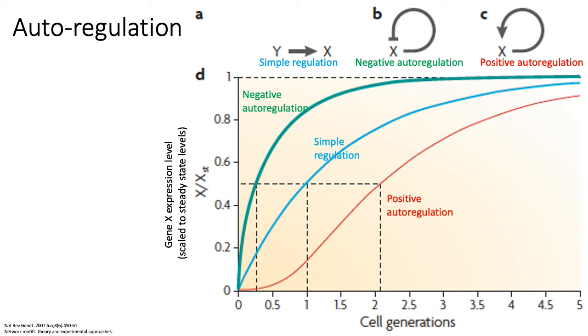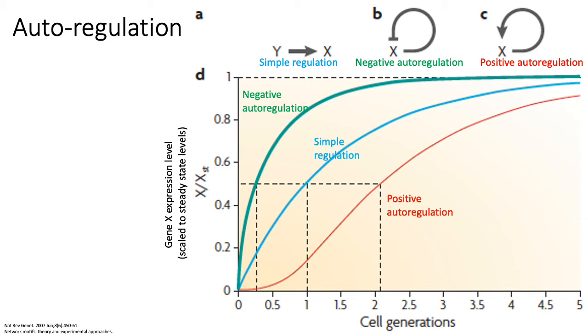And so the line in blue represents what happens if you have a relationship between gene Y and gene X, and gene Y gets stimulated through some external stimulus and starts increasing the expression level of X until it's at steady state. And so if you think about how long it takes gene X to reach steady state in terms of number of cell generations, then the blue line is essentially what you get. That's our baseline in this diagram.